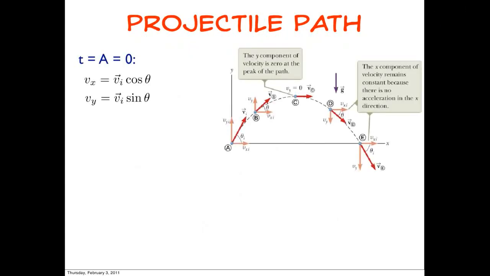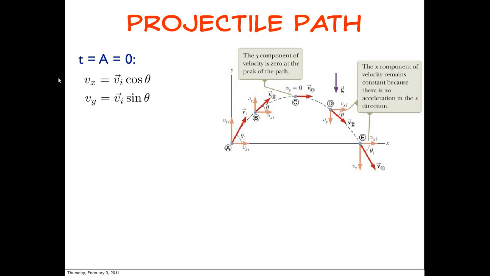Here we have a cartoon of a projectile path, and we're going to examine the motion at points A, B, C, D, and E along the path. So initially, at point A, the time is equal to 0. So what we have is a projectile or a particle, or our baseball if you will, given some initial velocity.